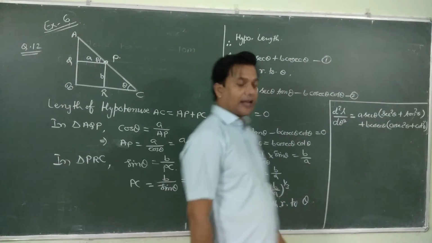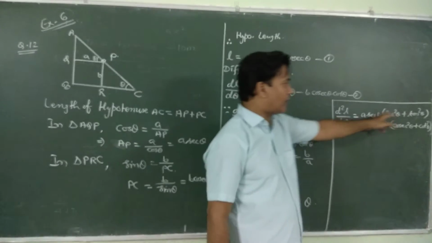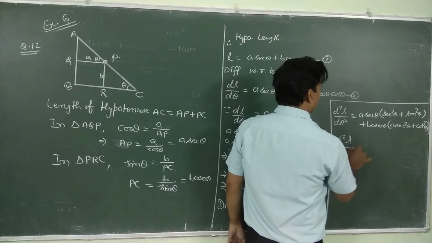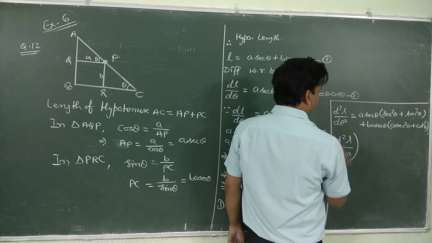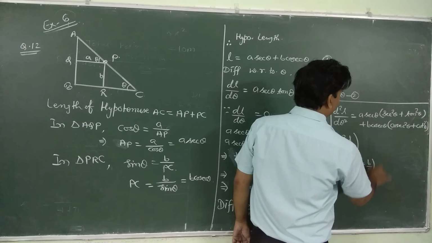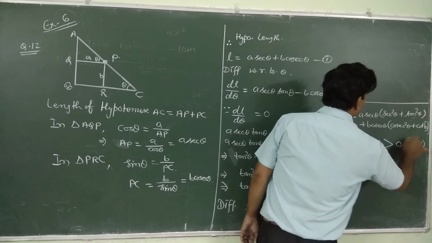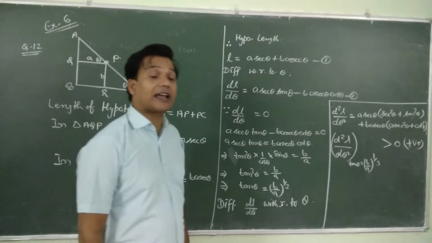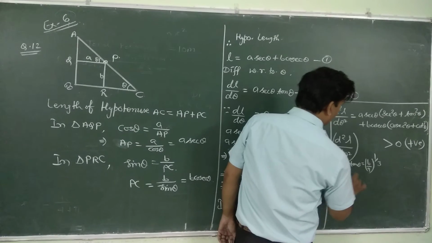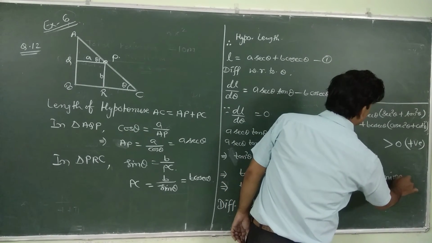Putting the value of tan theta, B by A raised to 1 by 3, at this place, all these terms are positive. That's why d2L by d theta 2 at tan theta equals B by A raised to 1 by 3 is greater than 0, that is positive. And if this is positive, then L is minima, which means minimum value.